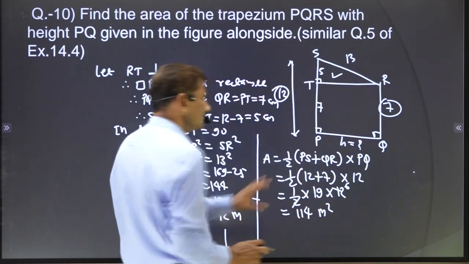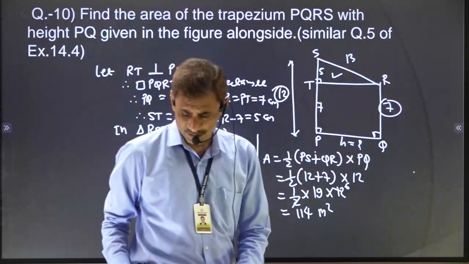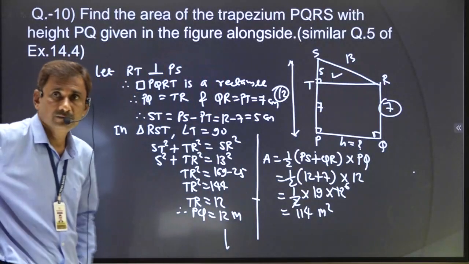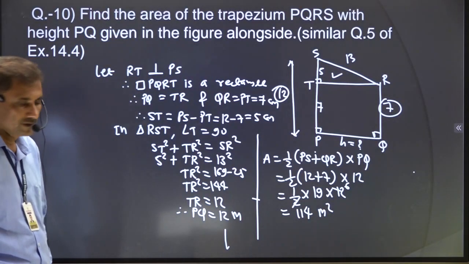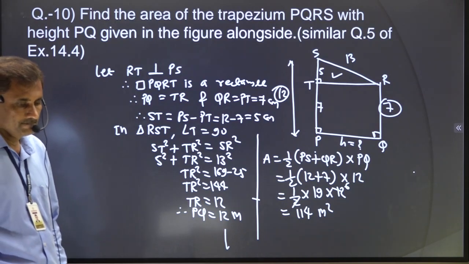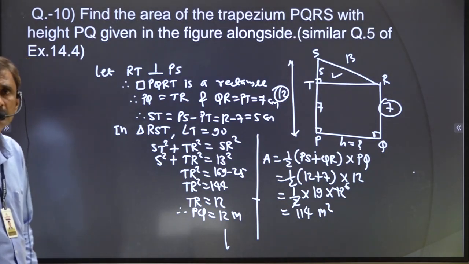So getting the area this way is not difficult or different, but getting the height PQ, the distance between two parallel sides, is a must here. So we found it. So understand well again.